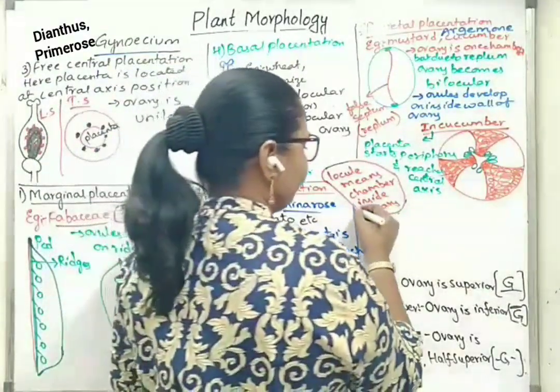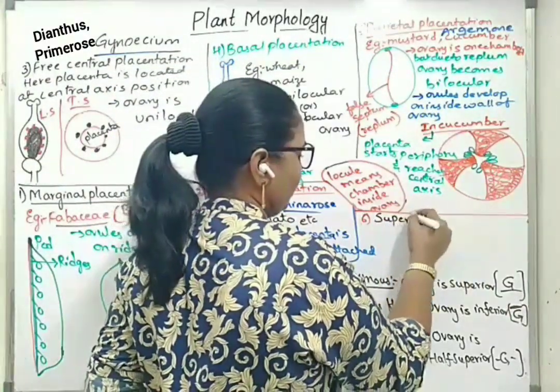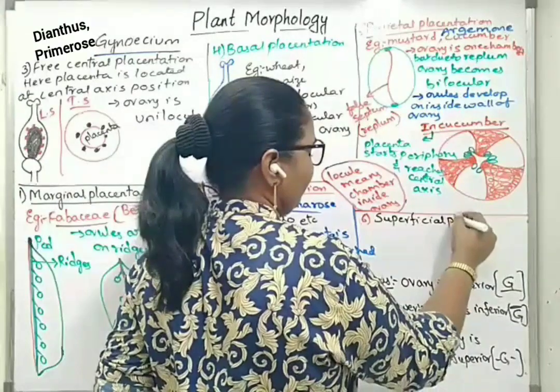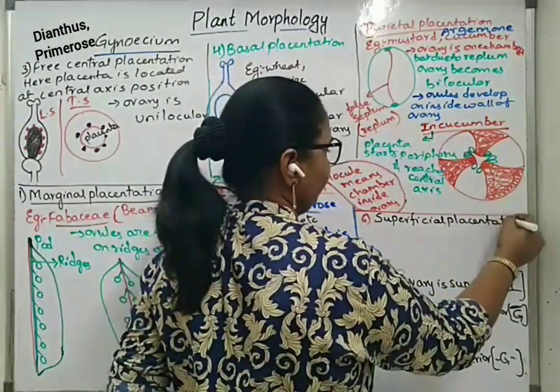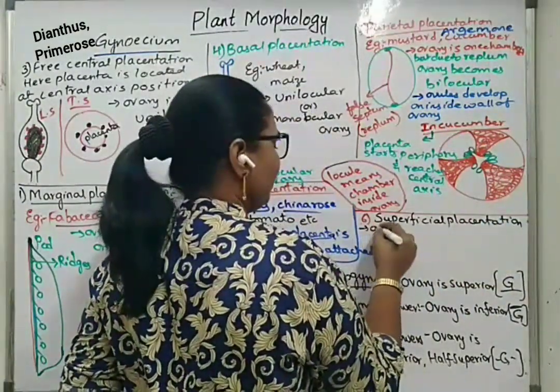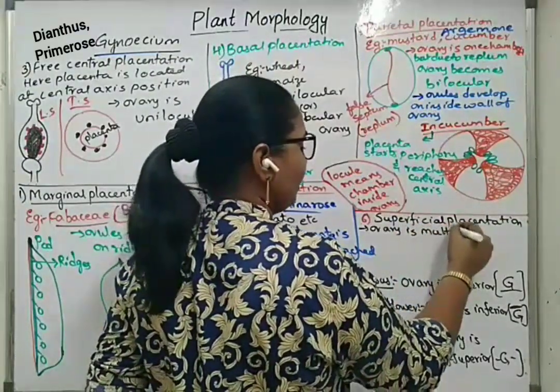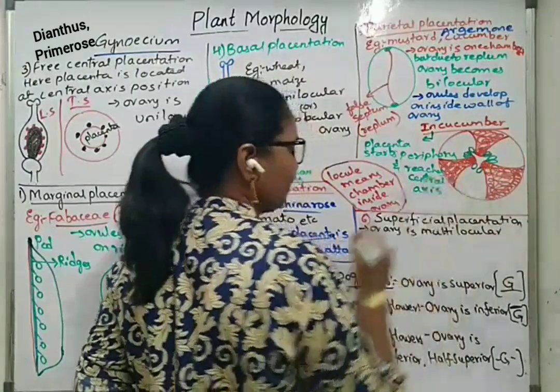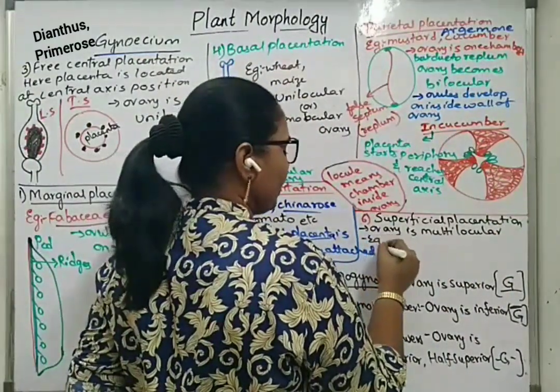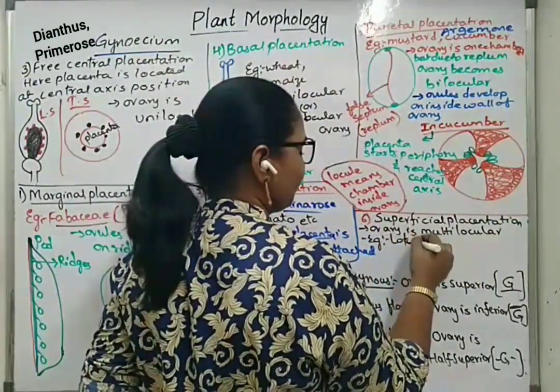Next one, superficial placentation. You see here, ovary has many locules. So ovary is multilocular. Examples we can see in case of lotus.